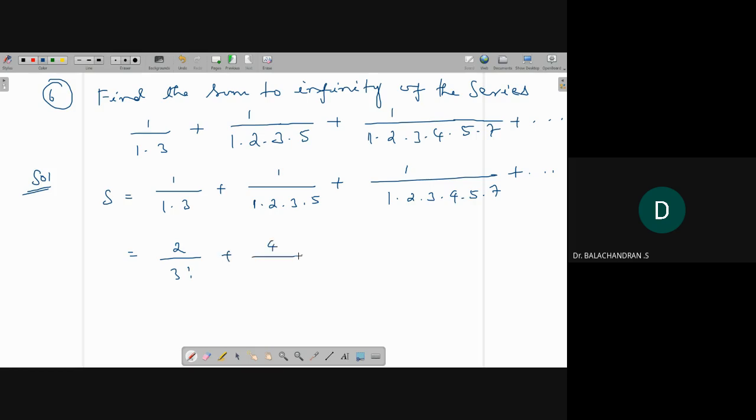Similarly 4 by 5 factorial, here 6 divided by 7 factorial. Now this is in the form of factorial, then you can find the nth term. So nth term Tn equal to, the numerator is what? 2, 4, 6, so 2n. The denominator is 3, 5, 7, so 2n plus 1 factorial.